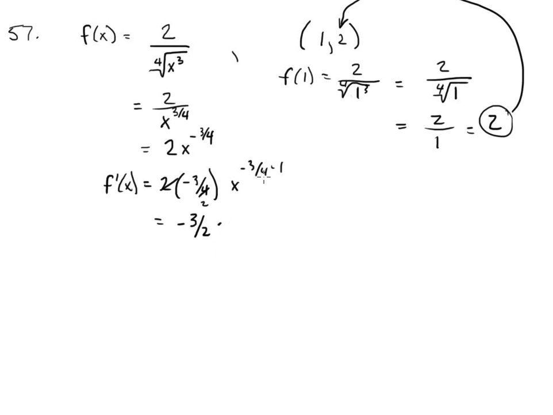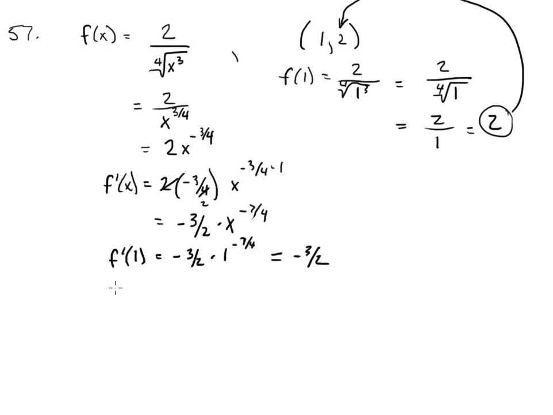And then negative 3 over 4 is multiplied to x to the negative 7 over 4. And that is what my derivative is. So at a point x equal to 1, my derivative will be equal to negative 3 over 2 times 1 to a negative 7 over 4, but 1 to anything is still just 1, so this is equal to negative 3 over 2.